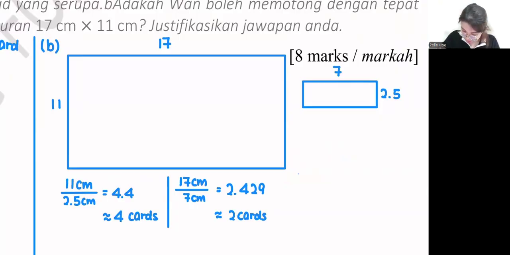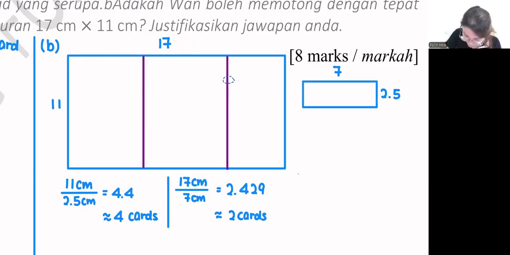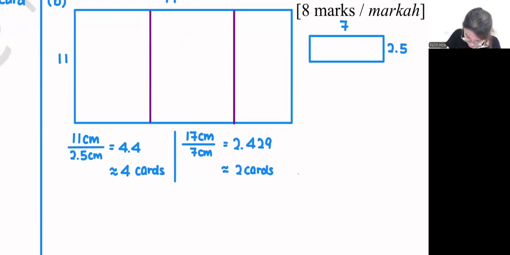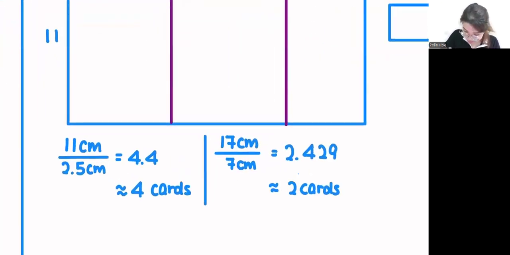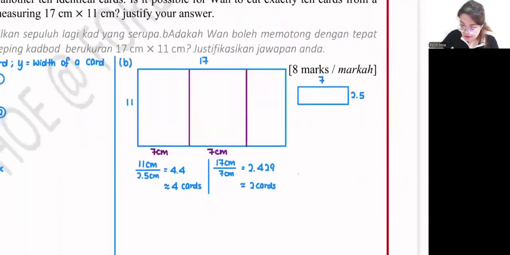I cut 17 cm first. So 7 cm, I cut. 7 cm, I cut. Then 7 cm, 7 cm. So this one cannot use.